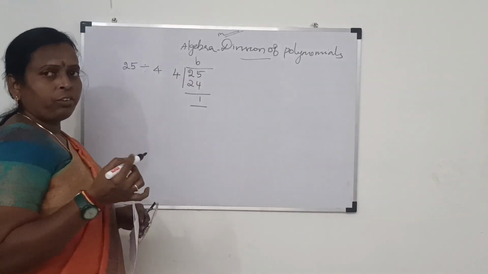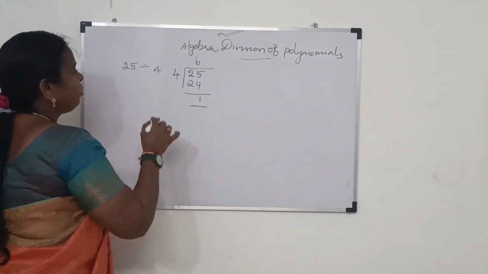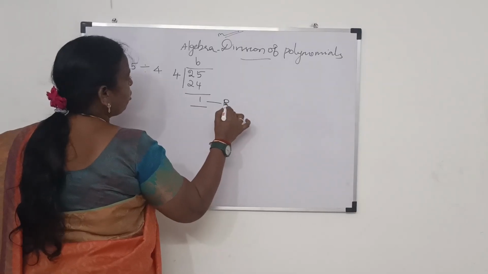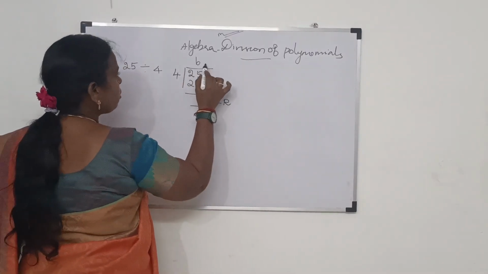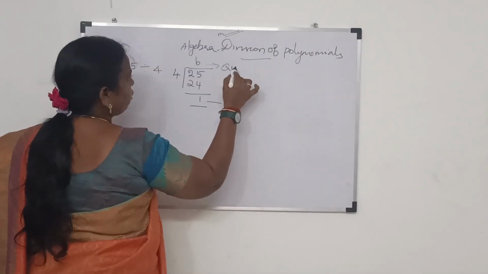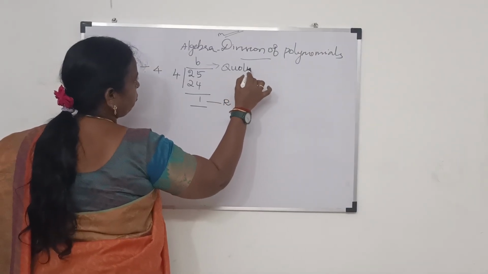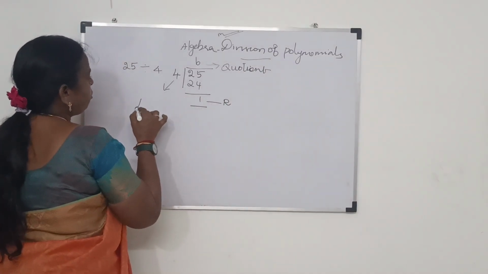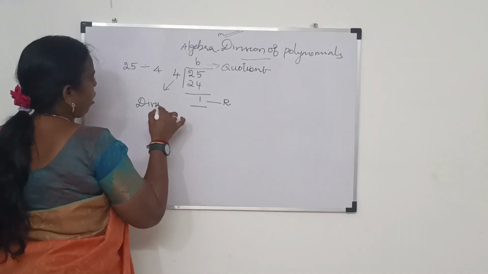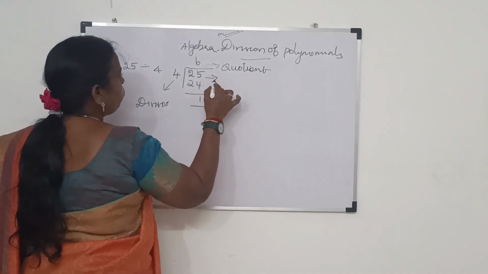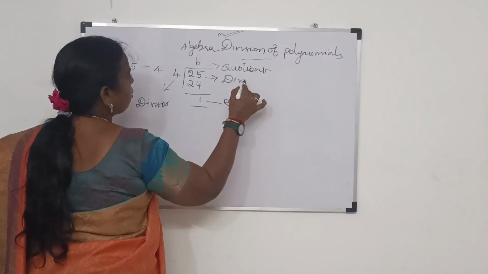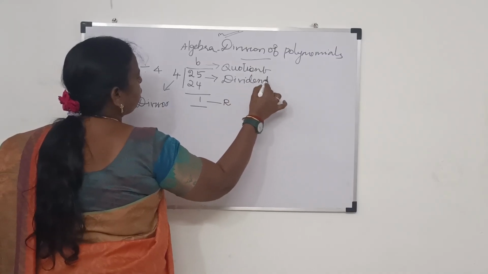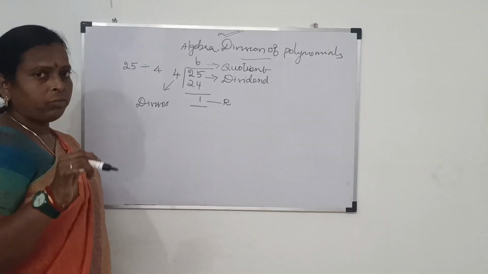So generally, in this format, this is called what? Remainder. This is the quotient. This is called what? Divisor. This is called what? Dividend. This is a general division.